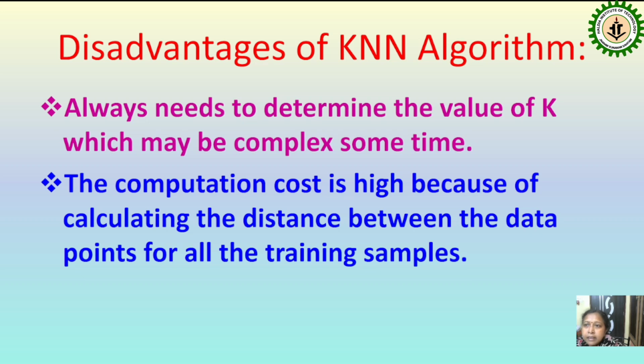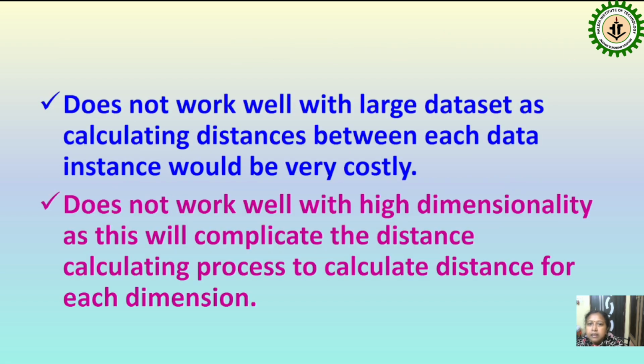Now the disadvantages of kNN algorithm. It always needs to determine the value of k, which may be complex sometimes. The computation cost is very high because of calculating the distance between the data points for all the training samples. kNN does not work well with large data sets as calculating distances between each data instance would be very costly.